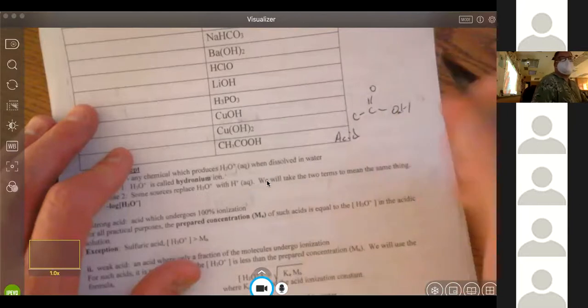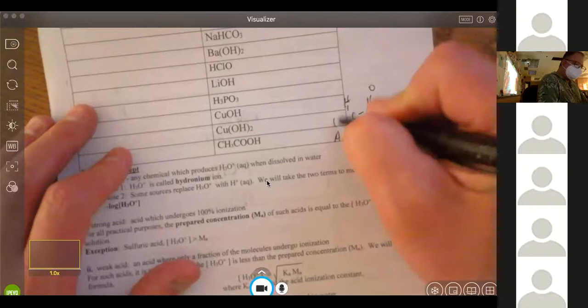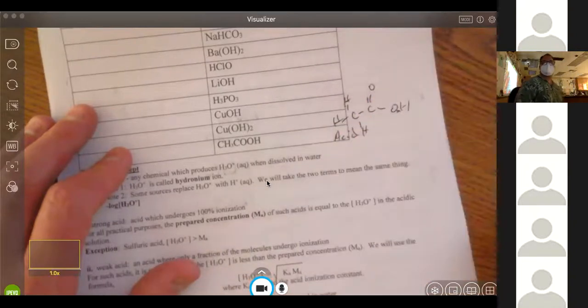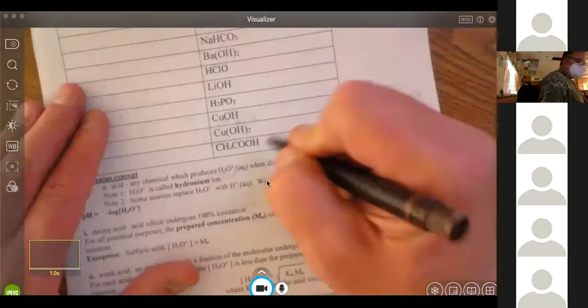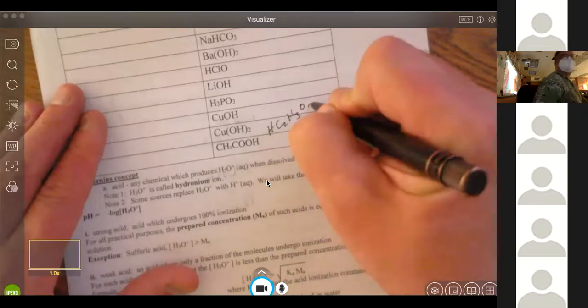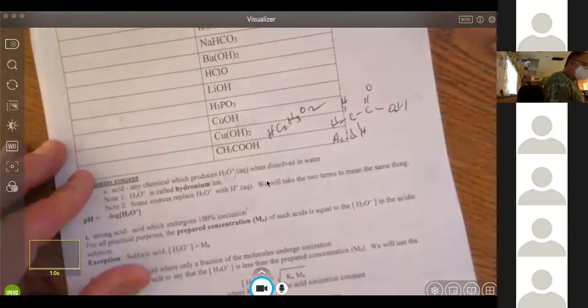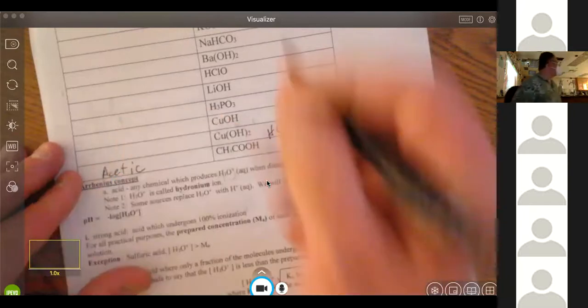What happens is this H right here comes off. But what is the name of this acid? This can be rewritten as HC2H3O2, can't it? So that would be acetate, which would be acetic acid.